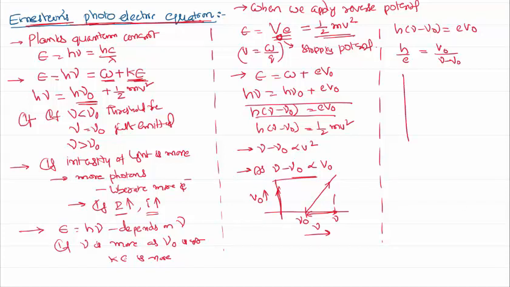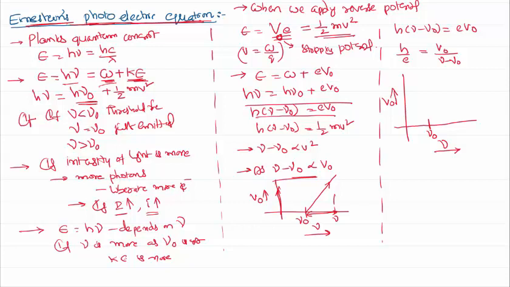So if you redraw the graph just for the sake of observation, taking the frequency on the x-axis and the stopping potential on the y-axis: when the incident frequency is less than the threshold frequency, the energy of the photon is not sufficient to release the electron from the metal surface. That's the work function. So there is no photoelectric effect.